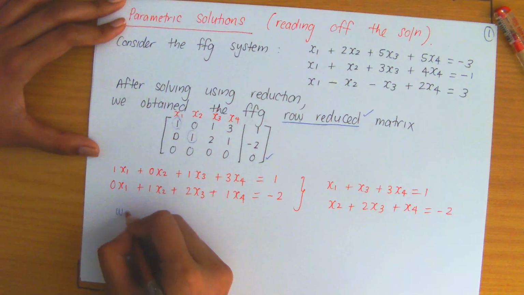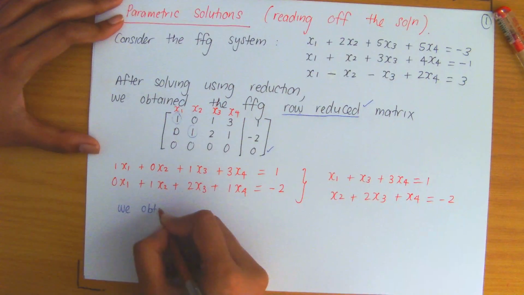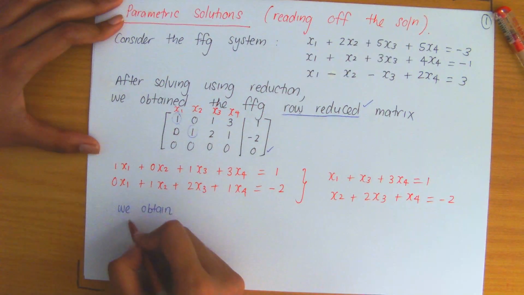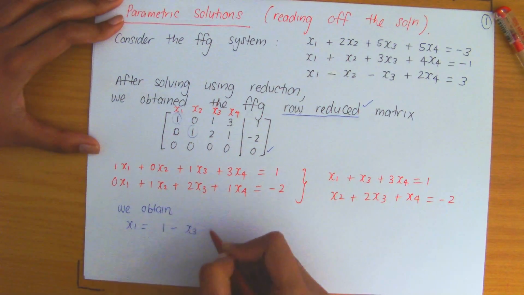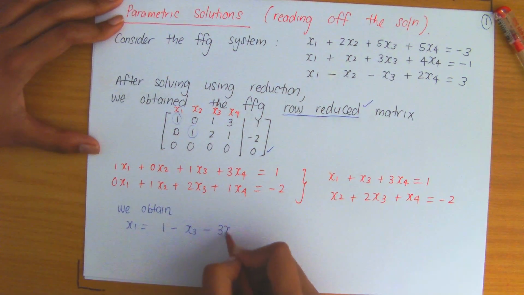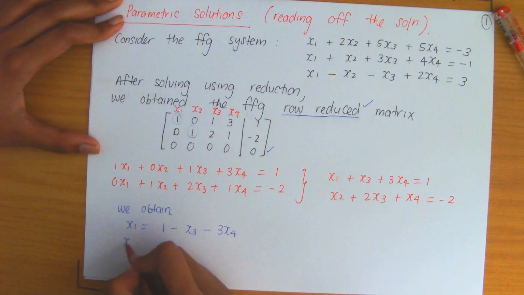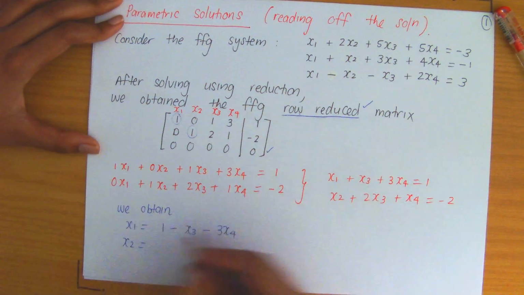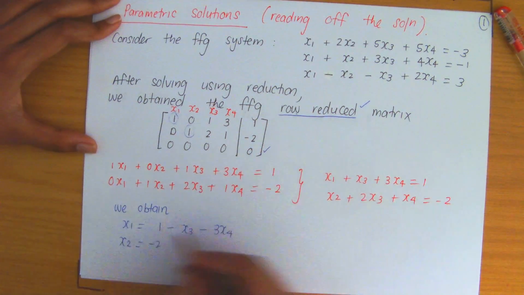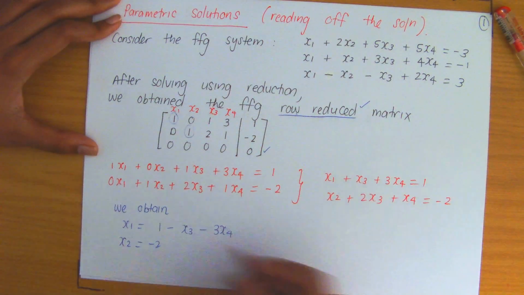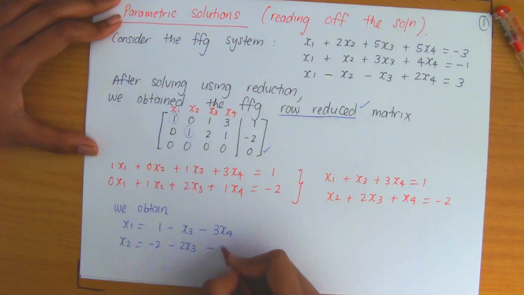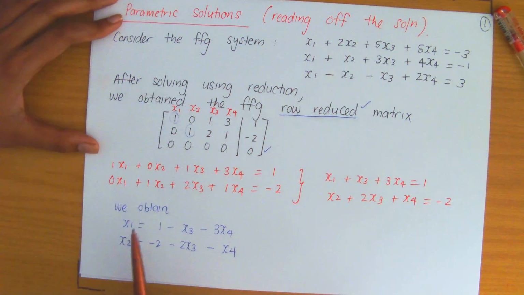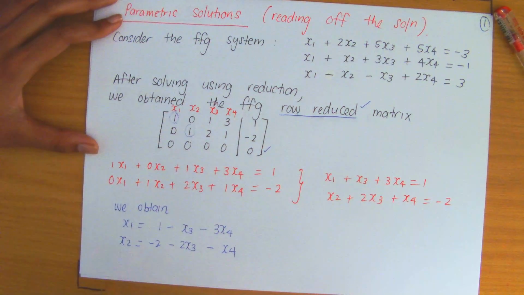So we obtain x1 equals 1 minus x3 minus 3x4, and x2 equals -2 minus 2x3 minus x4. So this is the solution for x1 and x2.